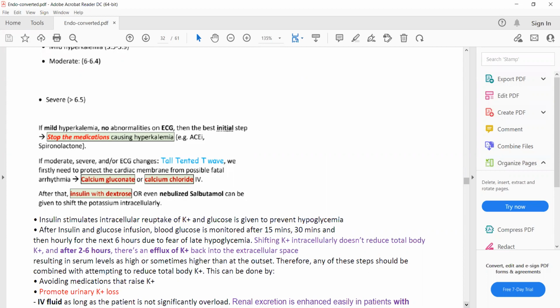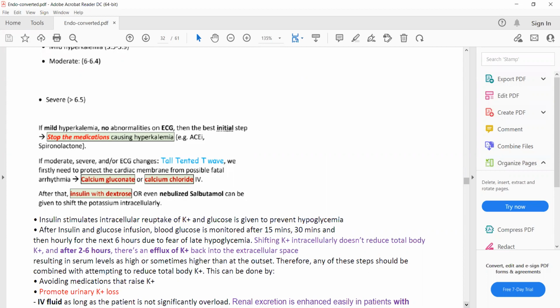So if a person presents to us with moderate to severe hyperkalemia with ECG changes, then the first thing that we need to do is to protect the cardiac membrane. And how can we protect the cardiac membrane?